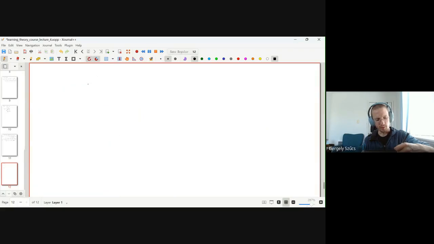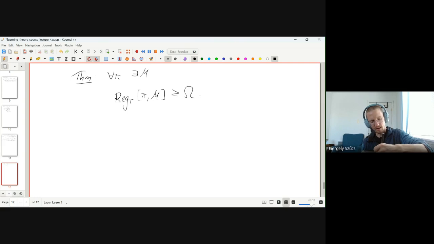Feel free to go if you need to go, but maybe I'll just state one more theorem, which is a lower bound on MDPs, which says that for all pi, there exists an M, and I'm being a little loose here for the sake of time, such that the regret of pi with respect to M is bounded below by something of the form square root of the number of actions times the number of states times the diameter over T. So technically this should be for all T and for all A, S, D, there exists an M. And you might have to put some bounds on A, S, and D, and I wrote down the more precise statement in this as well.